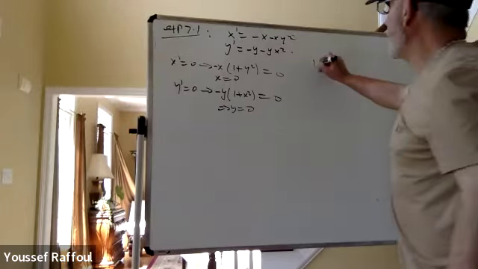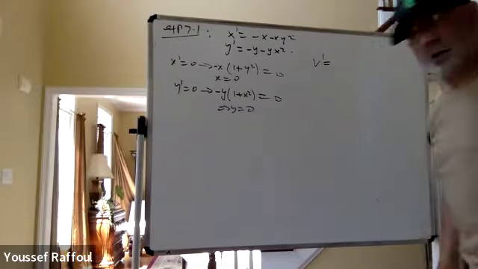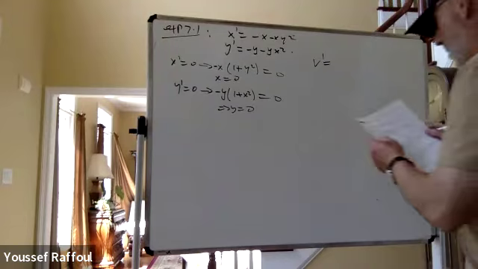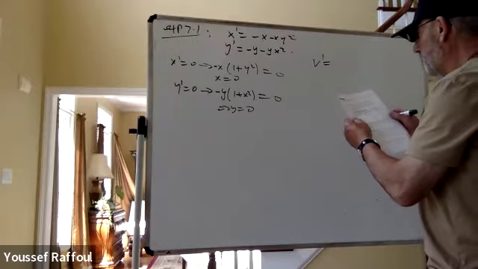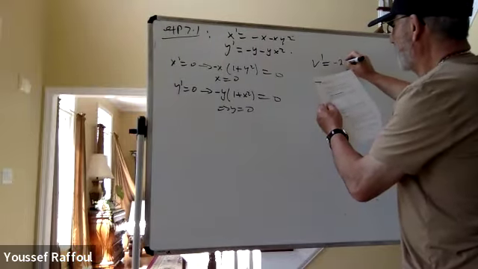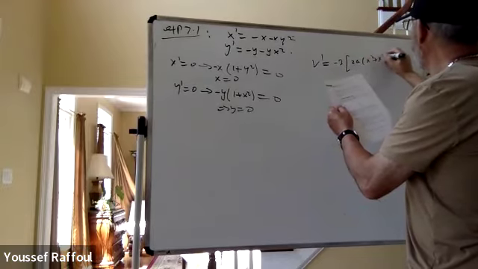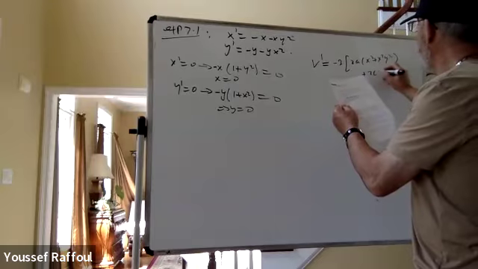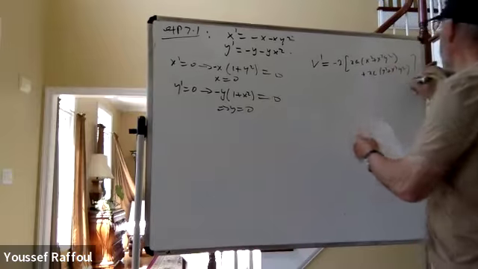And we chose V prime to be equal to, I recall, minus 2a times (x squared plus x squared y squared) minus 2c times (y squared plus x squared y squared).